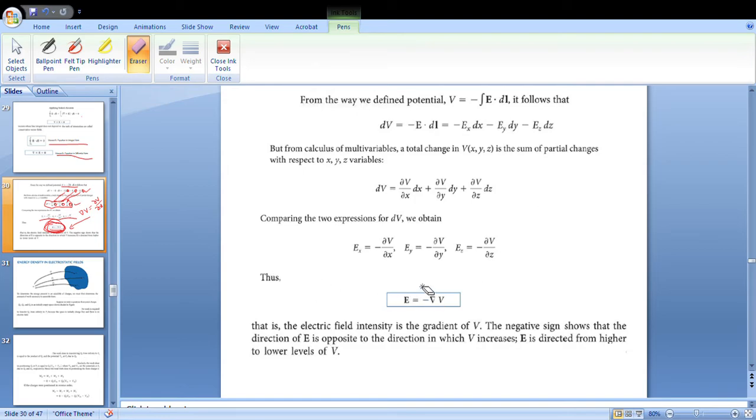So now we have seen that the electric field intensity is negative gradient of V.